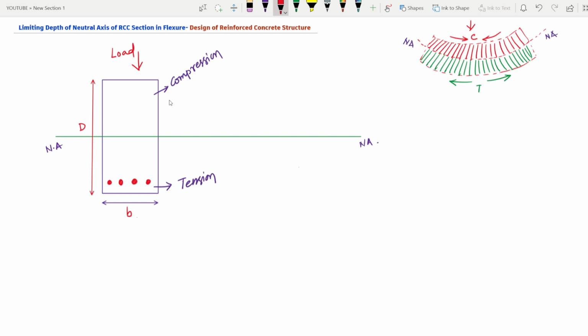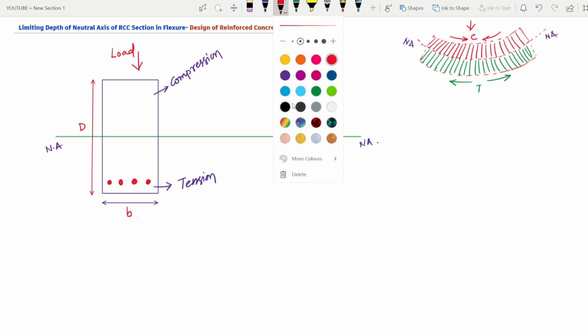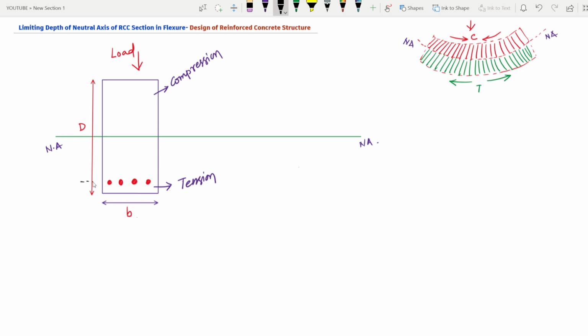That means the reinforcement bar you are providing will be taking the whole tension, right? So if you draw the effective depth, it is measured to the centroid of these bars from the top fiber. Here I'm considering the beam as simply supported, or a section at the mid span.